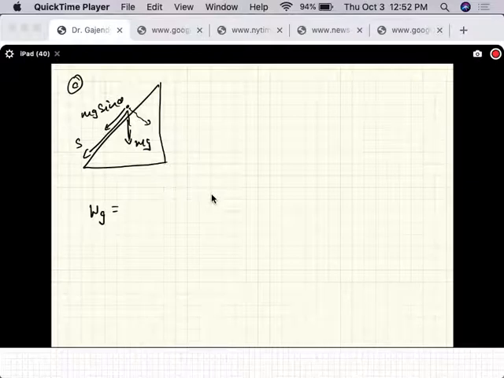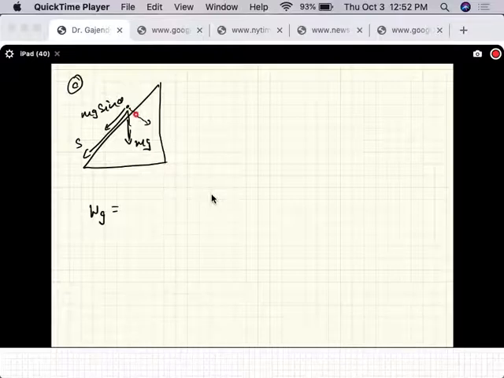We took the component of gravity in this direction and that direction. This force is equal to this force plus that force. That force does work. This force does no work. Why does this component do no work? Because he's not moving in the y direction. He's staying on the surface.